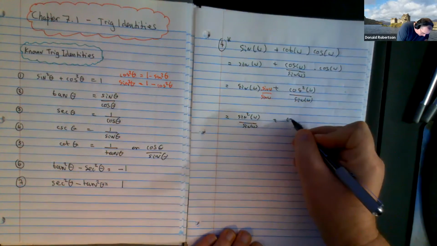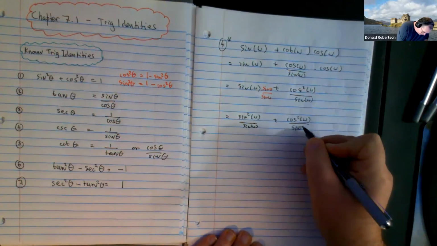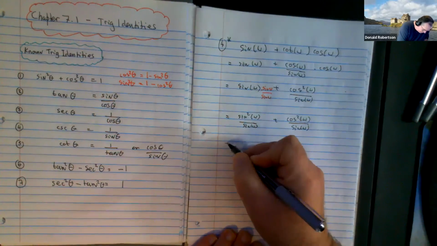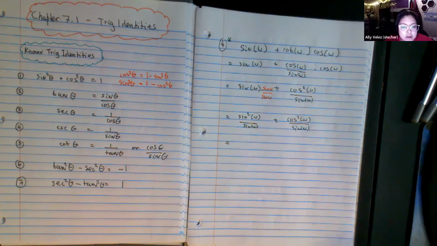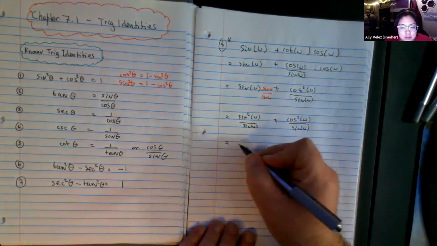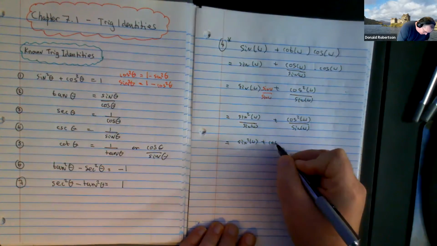I'm not going to do anything to this guy because I don't see any need. Where do you think I should go next? Can't you combine them? Correct. Since they share a common denominator, I could combine them.